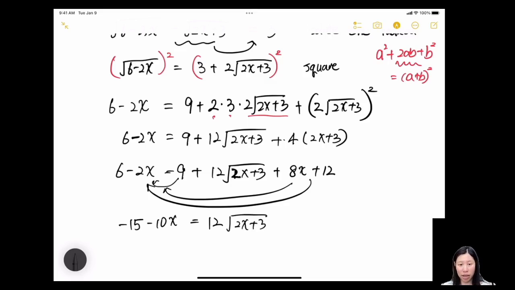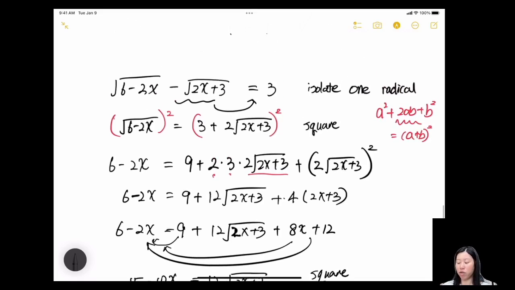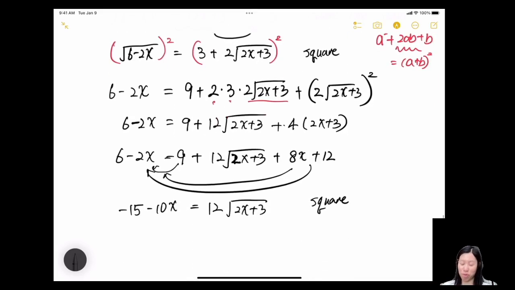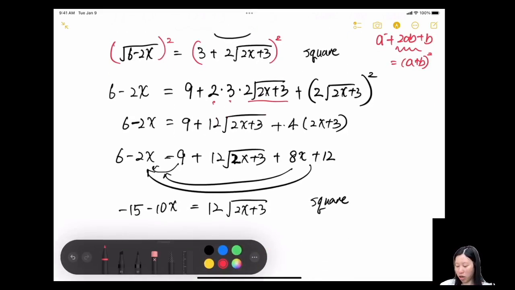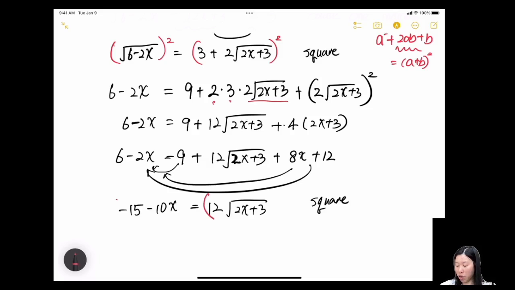Now, after you isolate another radical, you square them again. Again, the idea is if you see more than one radical, what you do is you isolate one radical, you square them, and then isolate another radical and square them. You just repeat. Okay, so when I square them, you square here and here, the whole thing.